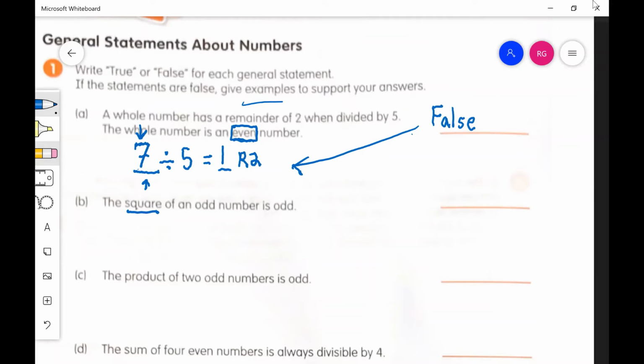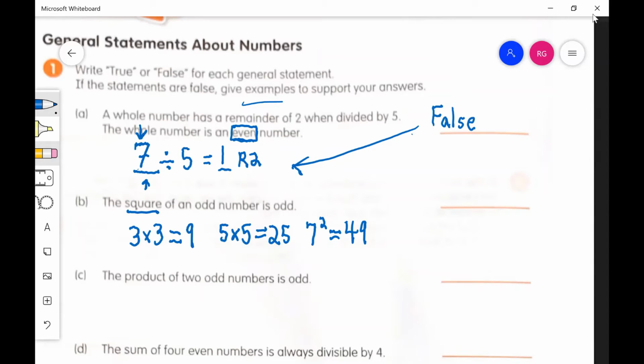When we're talking about the square, we can say like 3 times 3. So the square of an odd number is odd. In this case, that would be 9, right? Let's think here, 5 squared equals 25. And then we could write this as 7 squared equals 49, right?